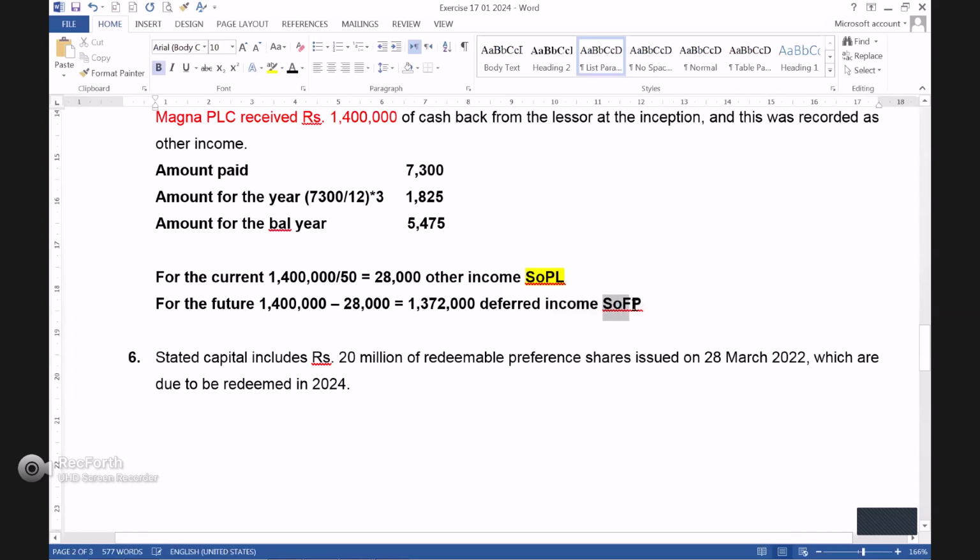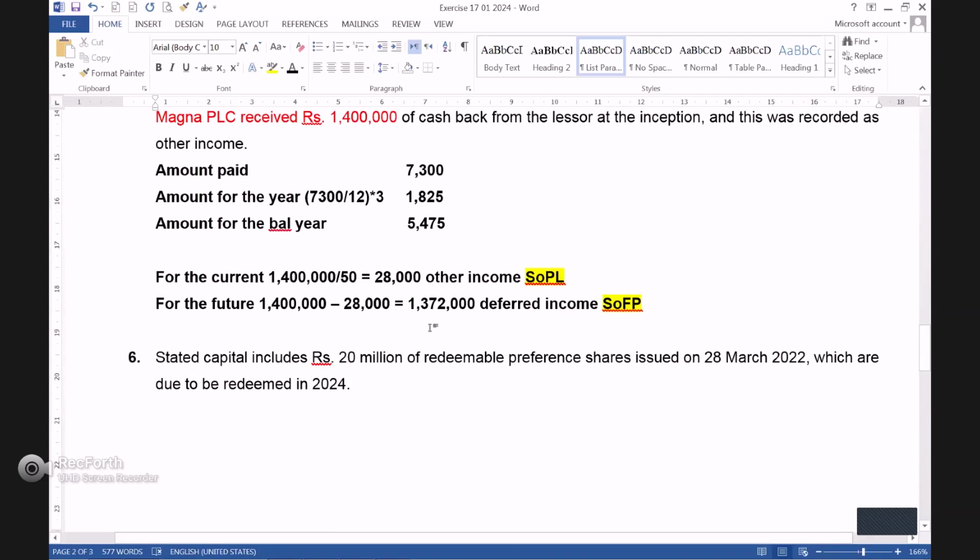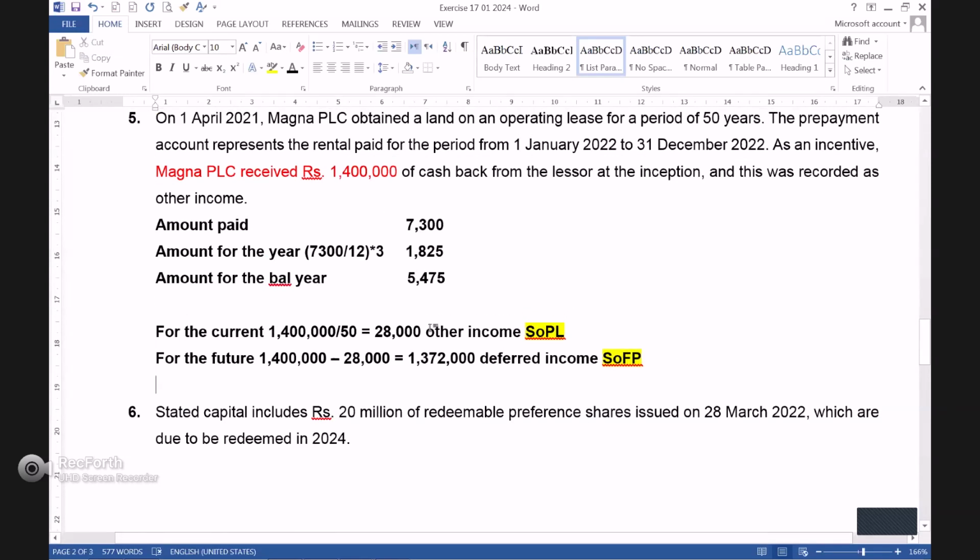So first, the amount prepaid is 7,300. For the year only 3 months, so the balance amount is 5,475. The amount received, 1.4 million, is for 50 years. Therefore, the current year 28,000 is other income in the statement of profit or loss. For the future, you deduct the current year 28,000 from 1.4 million as deferred income in the statement of financial position.